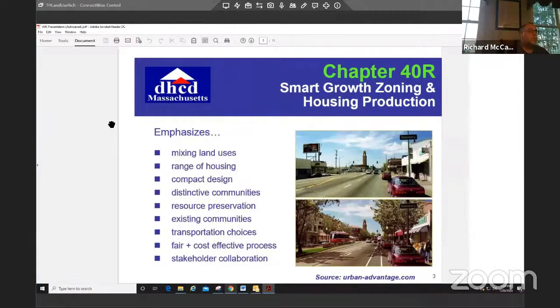In this case, the 40R district could be an area where we have a particular site that we've identified and a property owner who might be interested in pursuing it. So I want to go to the next slide.